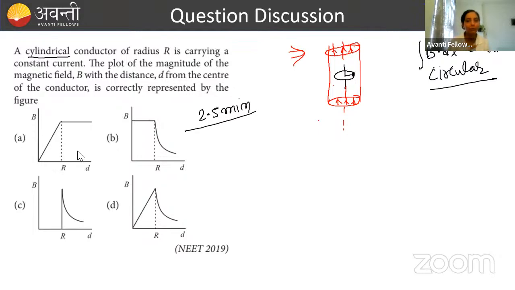Now, I need to calculate what is the current enclosed in this Ampere loop. So I have also made a cylinder kind of. मतलब मेरा जो Ampere loop है वो कुछ ऐसा है. Then circular है, मान लो. So यहाँ से how much current will go out? This much. The whole current is going through the entire cross section, and my Ampere loop is smaller than this cross section. So through this, how much current will flow? That's the question now. Current I is flowing through how much cross section?